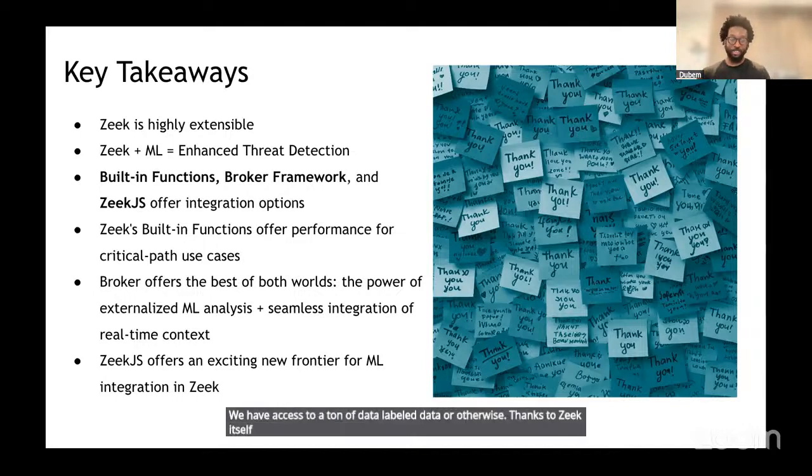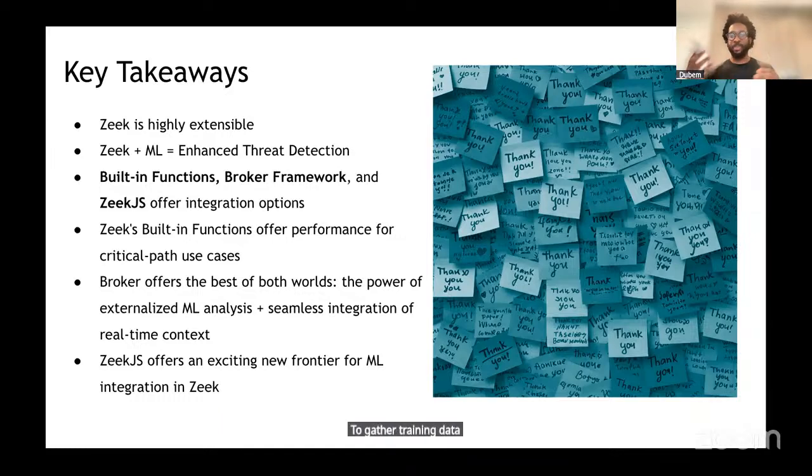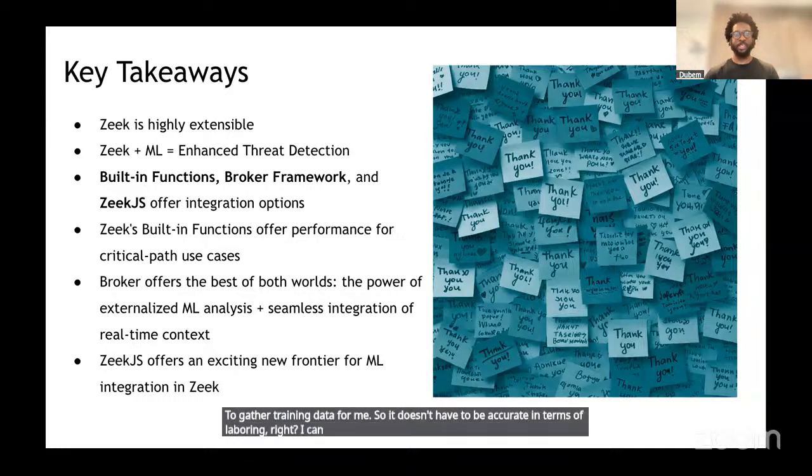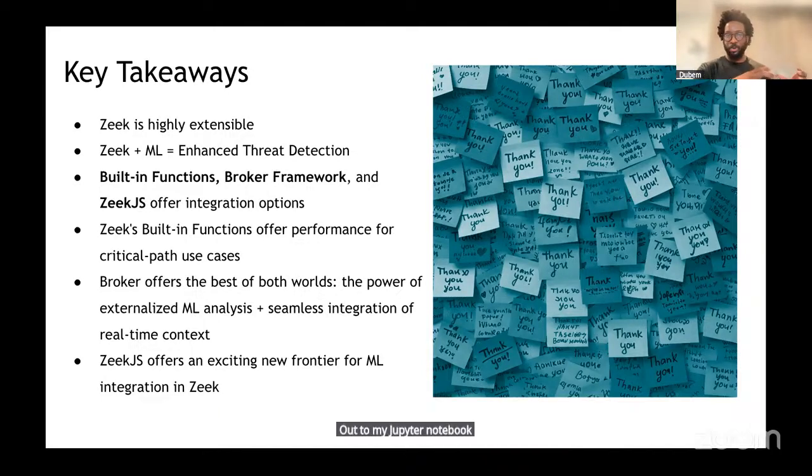Usually what I do personally is write a scrappy Zeek package to gather training data for me. It doesn't have to be accurate in terms of labeling, because I can do the post-process labeling myself. I write a Zeek package to build me training data, then I take that data out to my Jupyter notebook or whatever I work with, and I train offline. Then I take that model object and build out the machine learning engine with it.